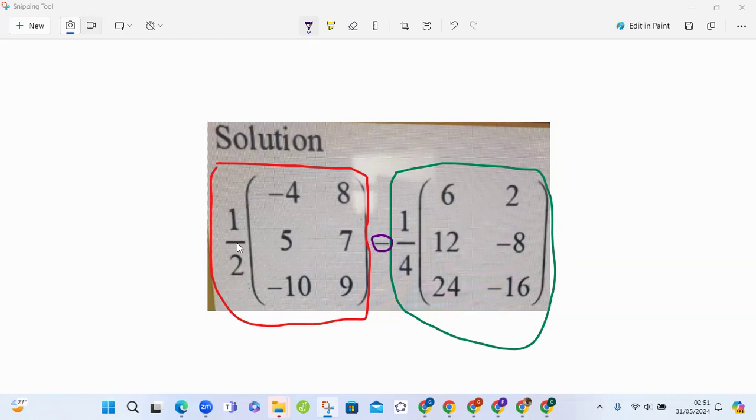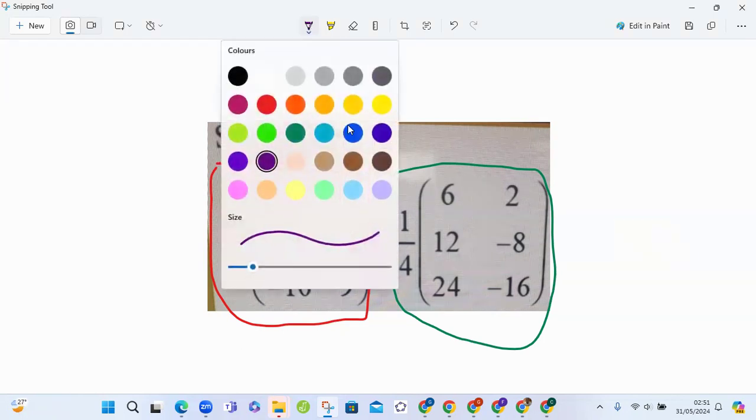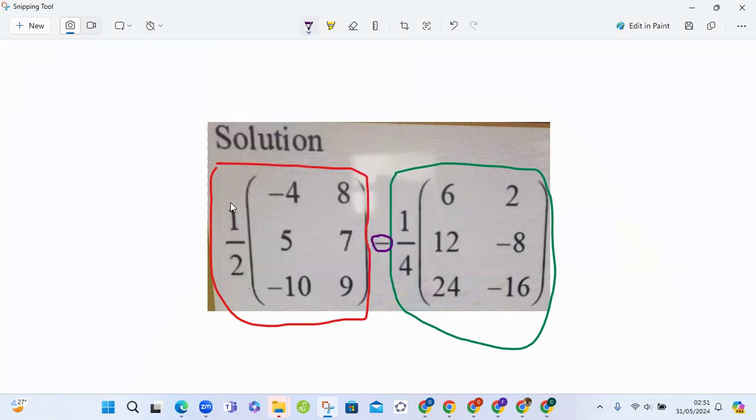To multiply a matrix by a number, any number, be it a fraction or whole number, you've got to multiply that number to each element in the matrix.